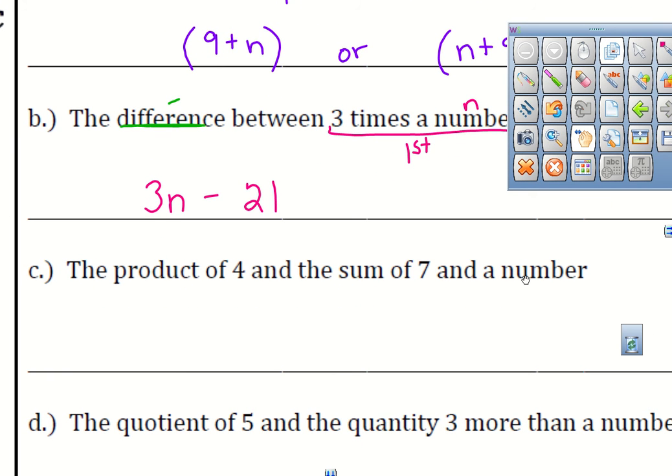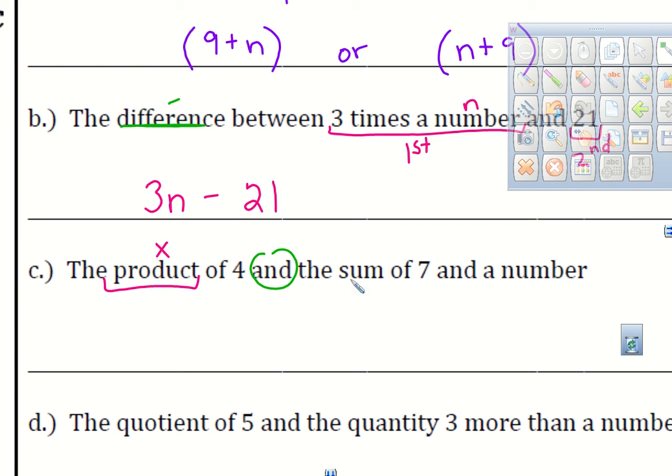Letter C, the product of 4 and the sum of 7 and a number. So product here we have multiplication. Product is multiplication. So product of 4 and the sum of 7 and the number. So keyword here is and. You're multiplying 4 by the sum of 7 and a number.